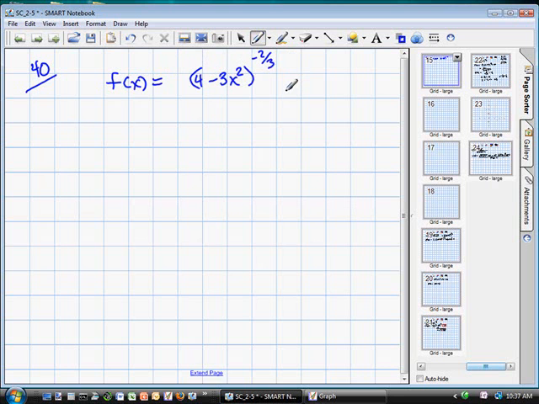By the way, there's more to 40. It doesn't just say find the derivative. It says find an equation of the tangent line to the graph of f at the point 2, f of 2.